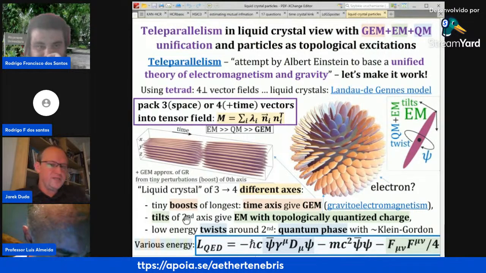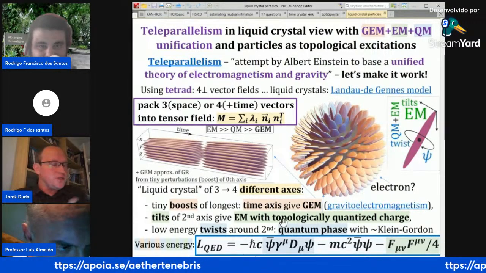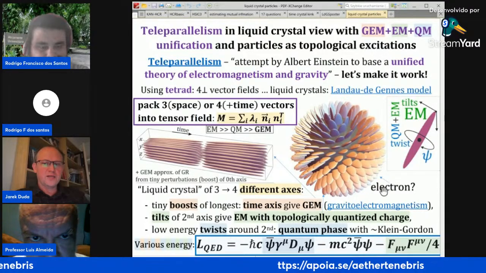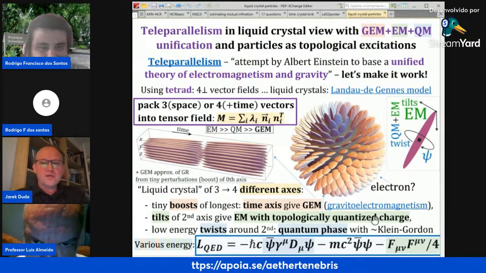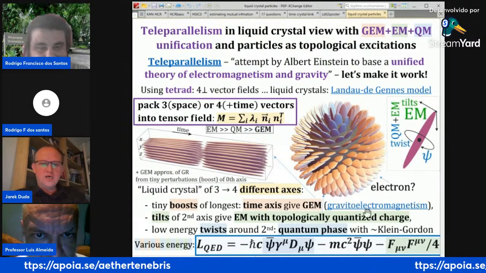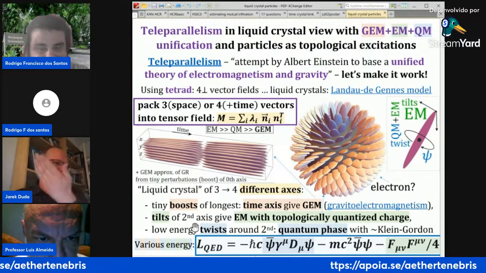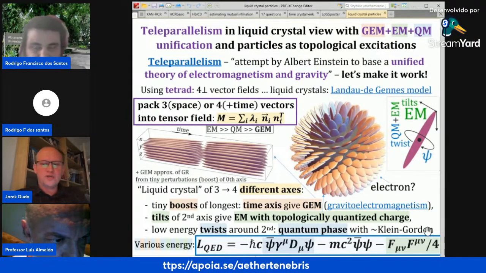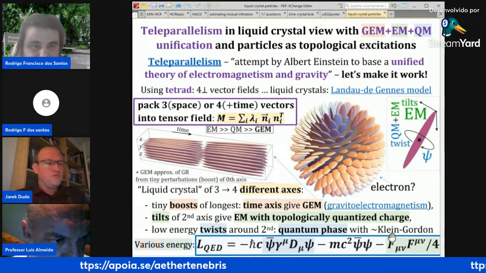These are in space, and give quantized charges as topological, like this hedgehog, and we get Coulomb-like interaction for them. And finally, there are also twists, very tiny energy dynamics governed by a Klein-Gordon-like equation, to unify all three.